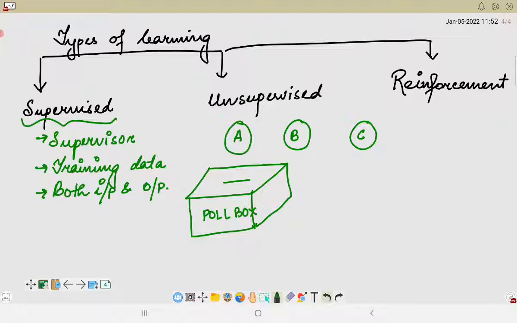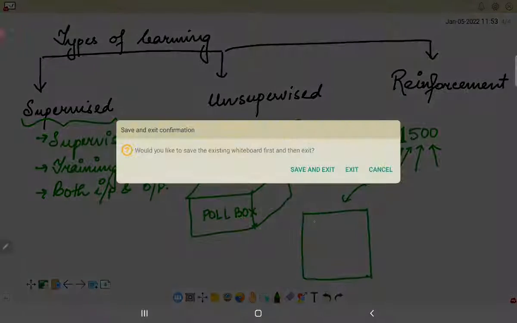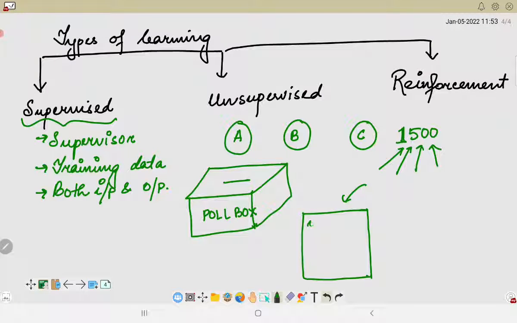Now suppose there are around 1500 people in your college. We will collect the data from these 1500 people as to who they are likely to vote for. Once we get that, we will fit it into our machine, where there is an input and also an output.